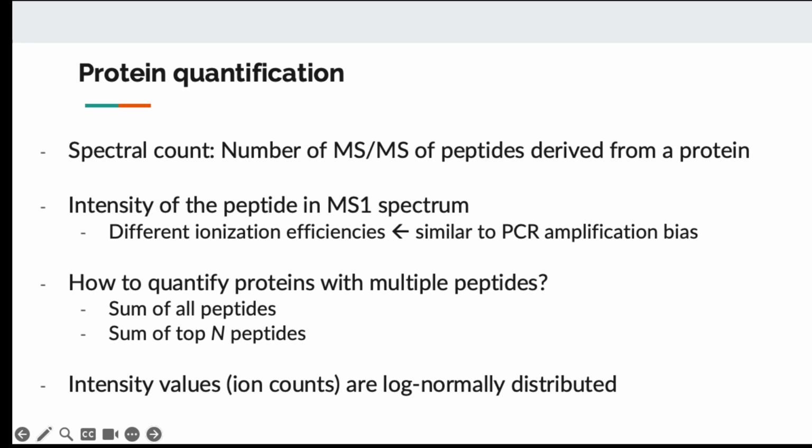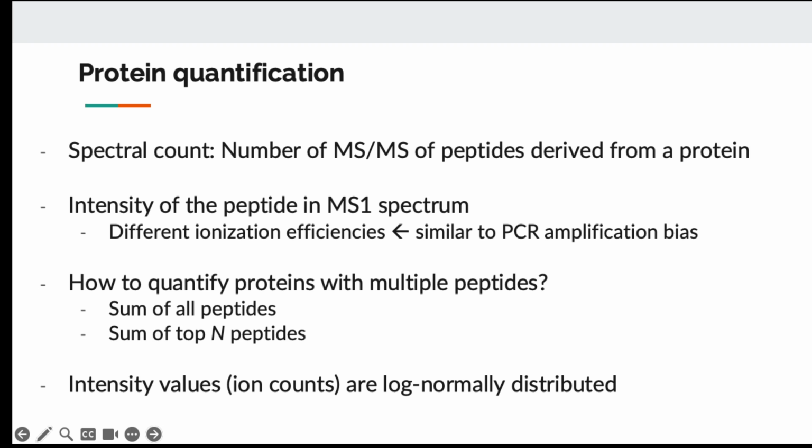Certain peptides and certain proteins will turn into gas very easily, but some will not. So this is similar to PCR amplification, except we can estimate the bias in PCR amplification, but we still have no idea how to estimate the bias based on ionization. So there's no correction for ionization efficiency in mass spectrometry data, because we don't yet know what factors to account for.